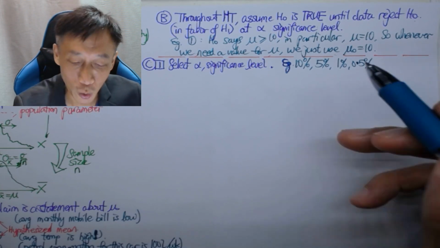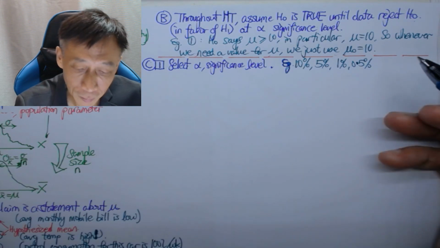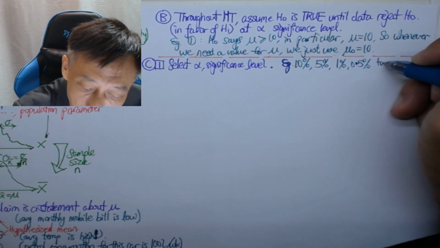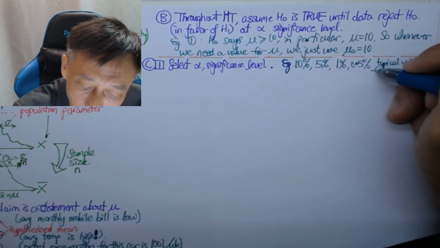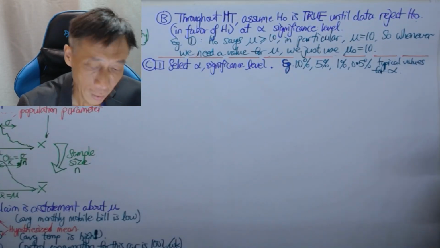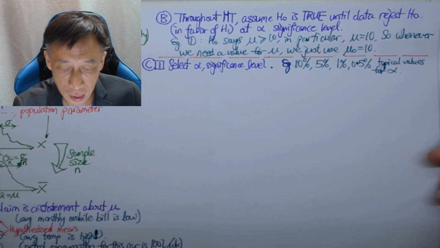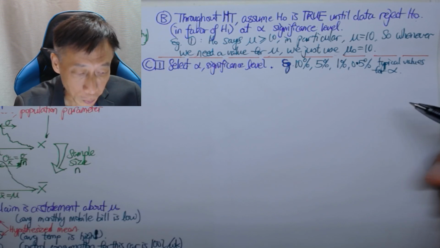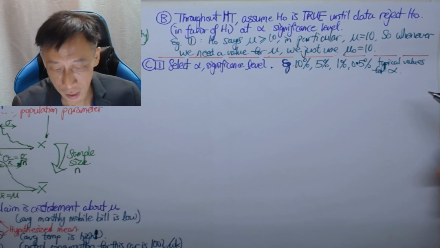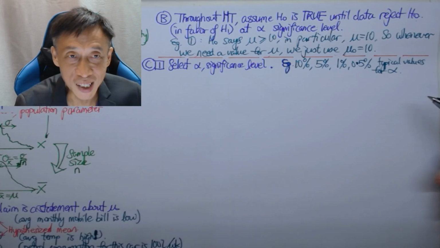Okay, so you have a choice and you don't have a choice, right? So you do have a choice amongst these reasonable typical values for alpha. And basically what that means is that it's trying to indicate the degree of impossibility.